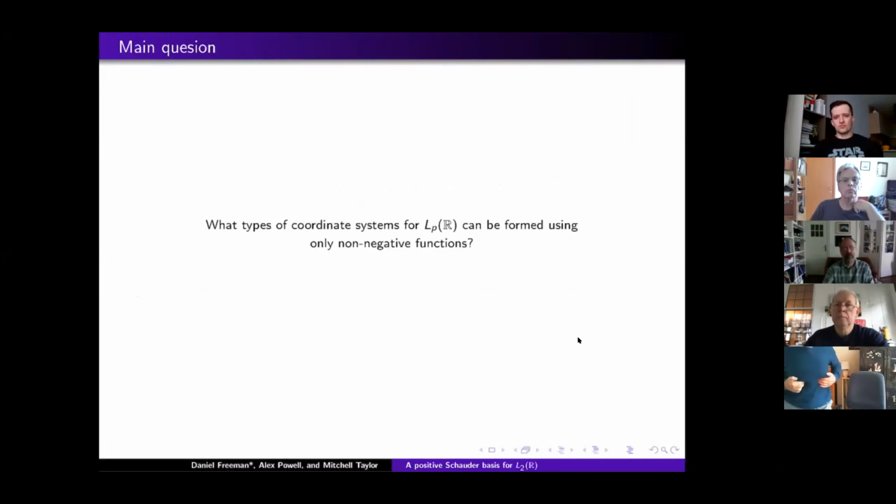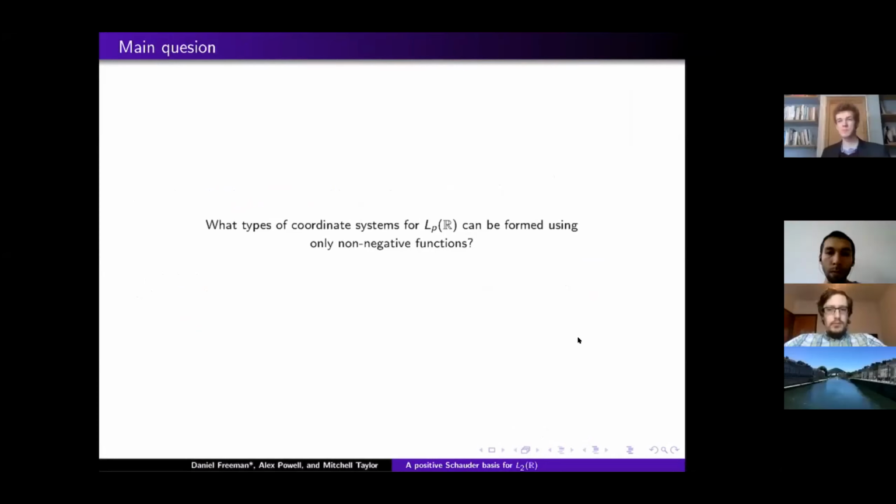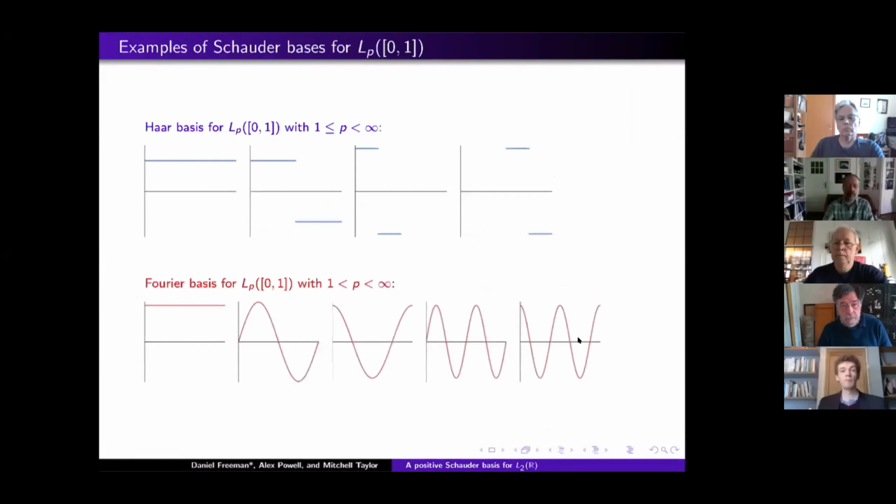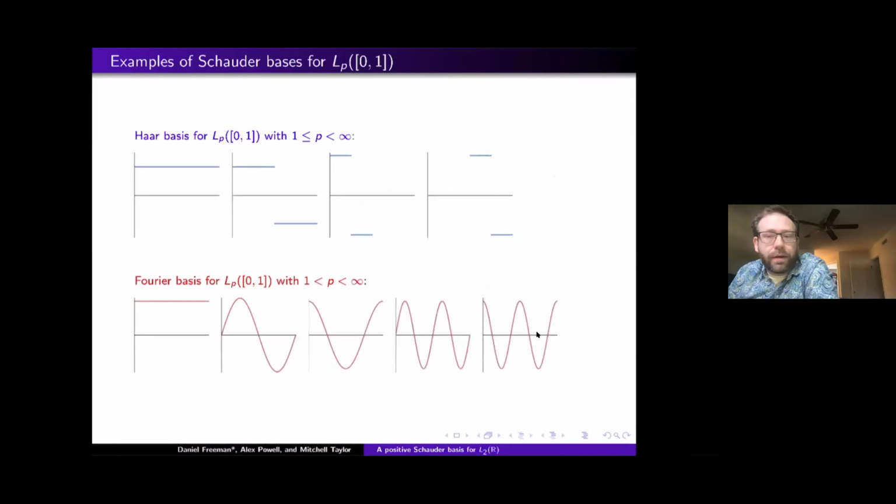So the main question that we will be considering in this talk is what kind of coordinate systems you can build for LP using only non-negative functions. Let's look at some nice examples of Schauder bases for LP.